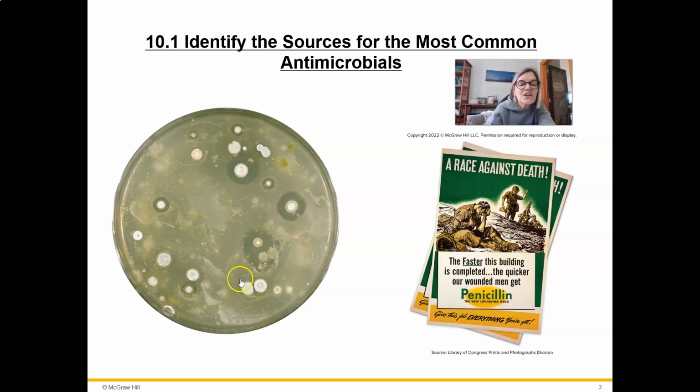That clear zone is what Alexander Fleming noticed when his mold was growing and killing the bacteria in the background. And so what he noticed when he saw this was that this microbe is producing some chemical. And that's what he ended up discovering as penicillin. So there's some chemical being produced.